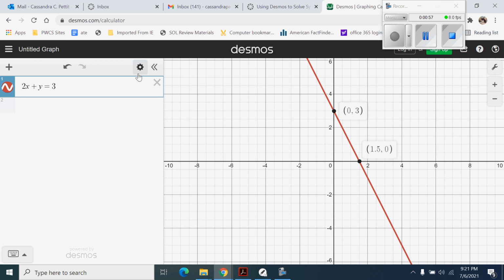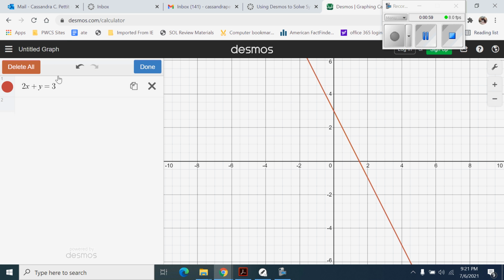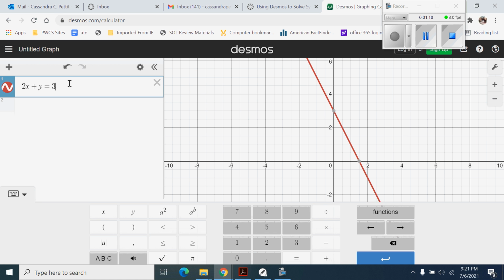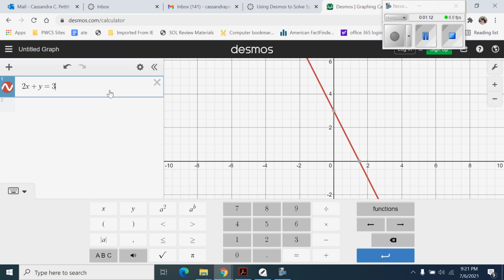Also, what I can do here is come up with a table of values for this. I can show you that when I put it in slope-intercept form. So what if it was in slope-intercept form?